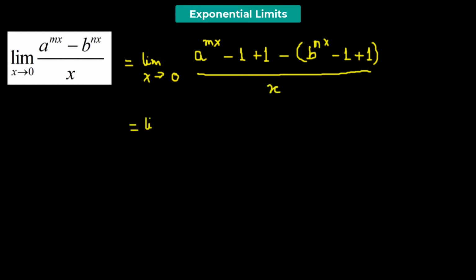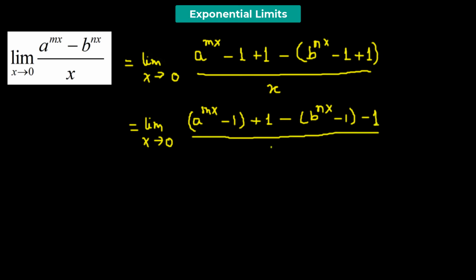Now for the numerator, we're going to arrange the terms, so we'll have a raised to the power of mx minus 1, so we're going to separate the 1, minus b raised to the power of nx minus 1, and we separate the positive 1, so positive 1 times minus 1 is going to give us minus 1, all divided by x.